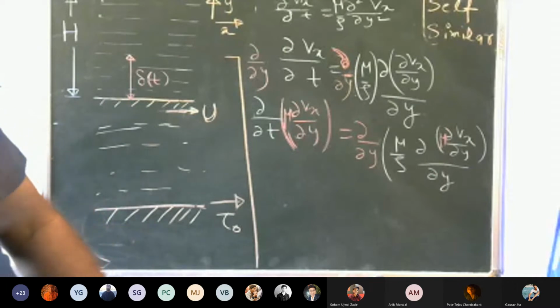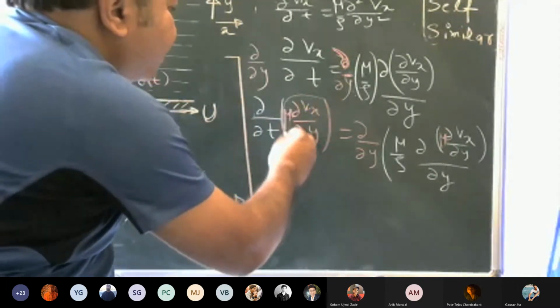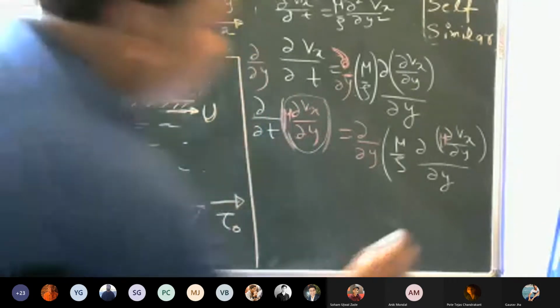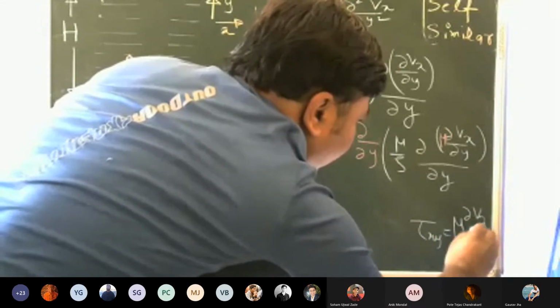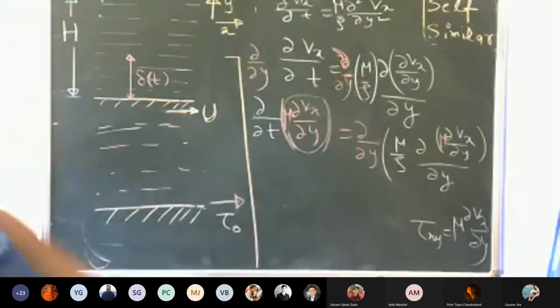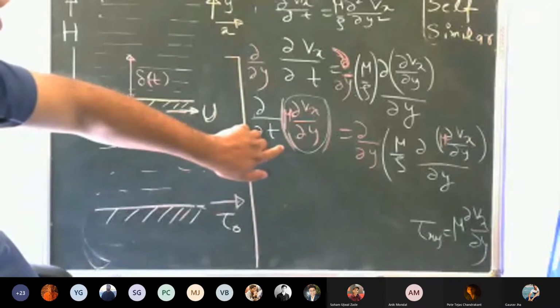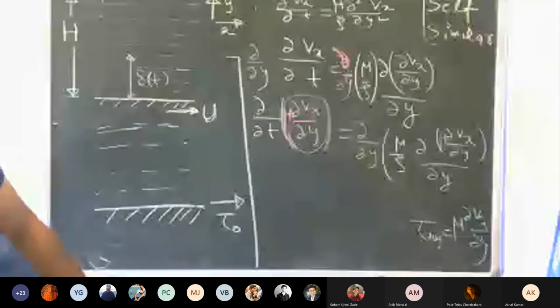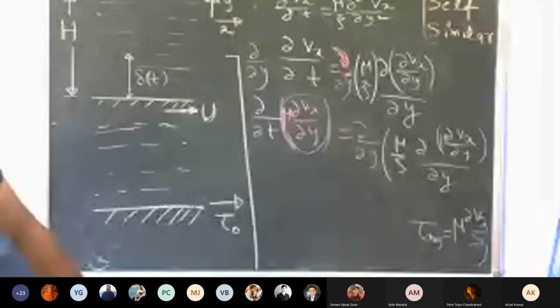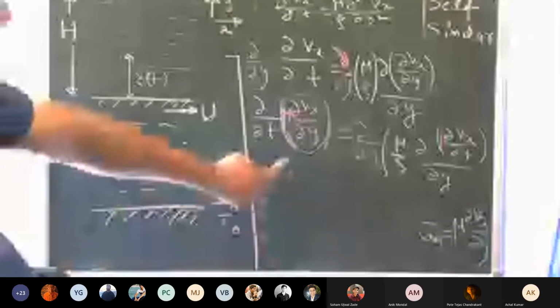Now tell me what is this quantity. Let me circle it for you. Mu dou vx by dou y.